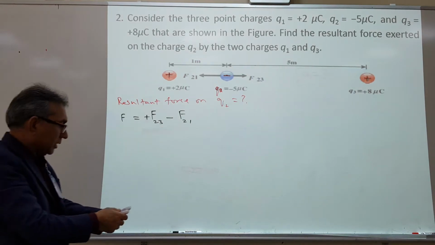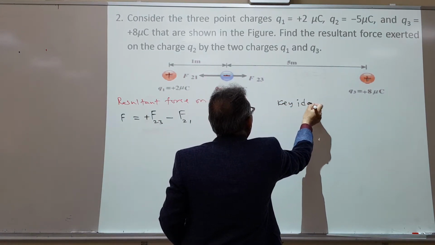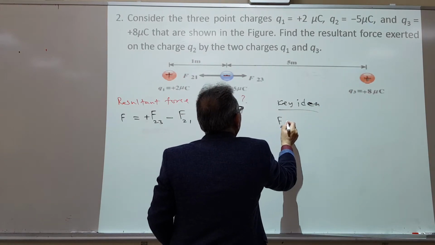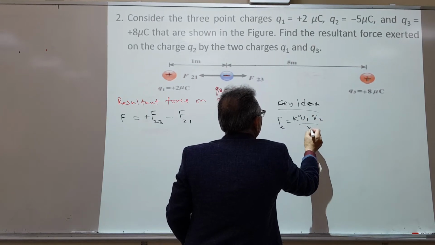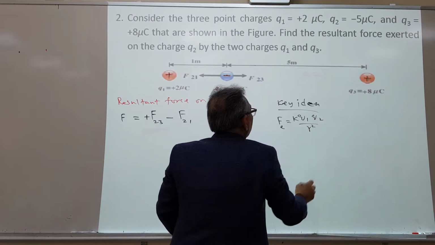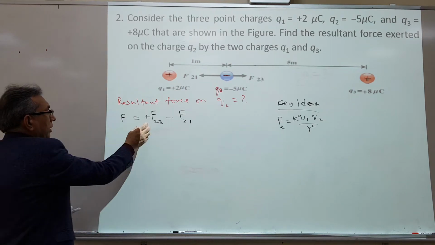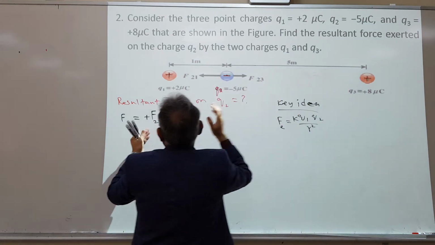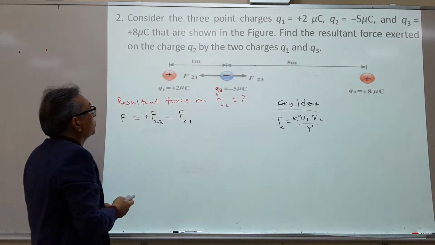So simply, the key idea is Coulomb's electrostatic force is equal to K times Q1 multiplied by Q2 over R squared. This is the Coulomb's force between the two charges. So you have charges 2 and 3 first, and then again we use the same rule for these two charges.